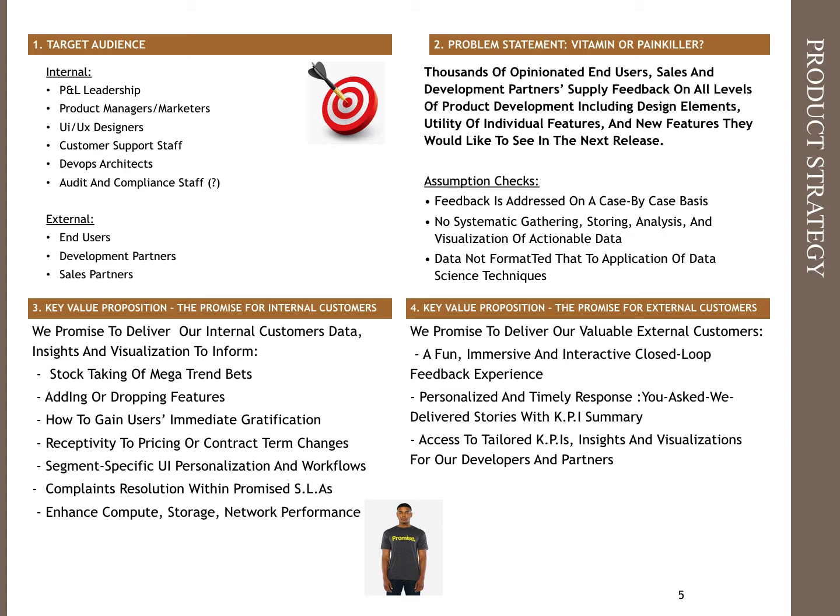For leadership, for example, there's stock-taking of the megatrend bets that they made, so they want to know metrics that relate to whether my megatrend bets are directionally going the right way, or I've made a really wrong bet, right? More tactical product managers want to look at adding or dropping features and how to gain users' immediate gratification, right?